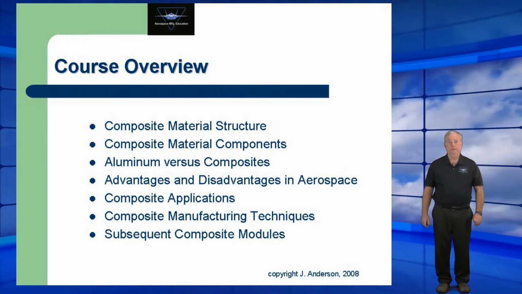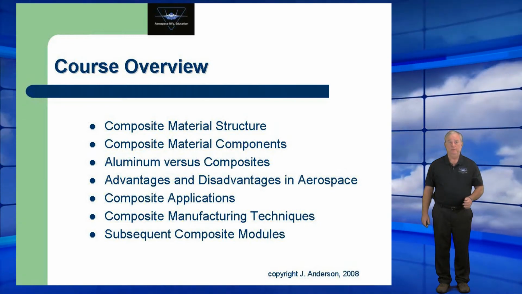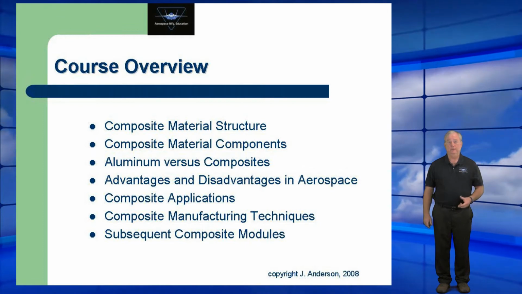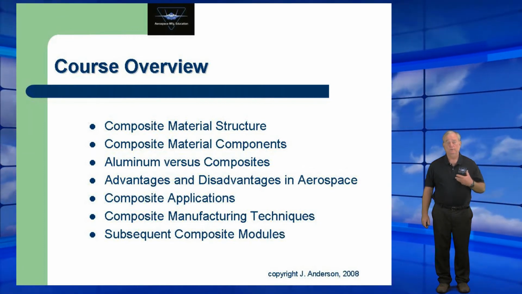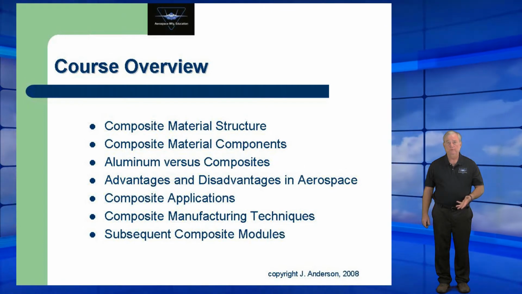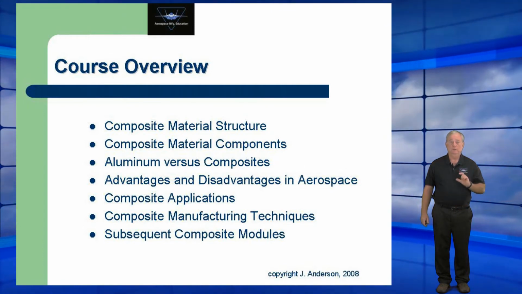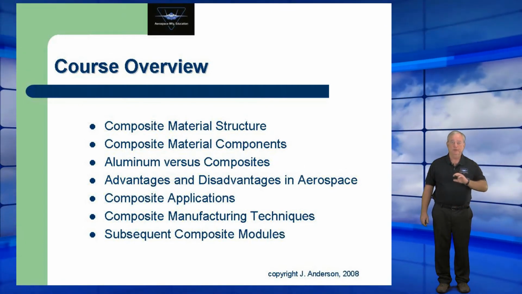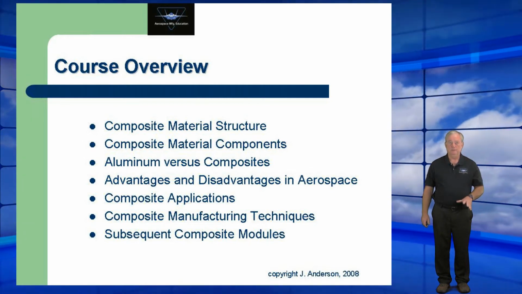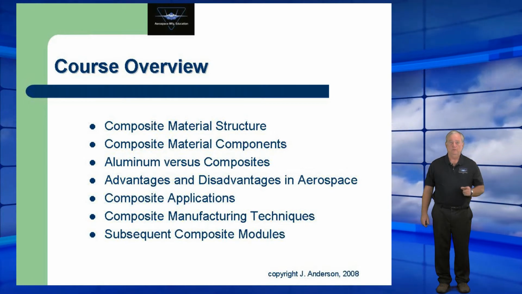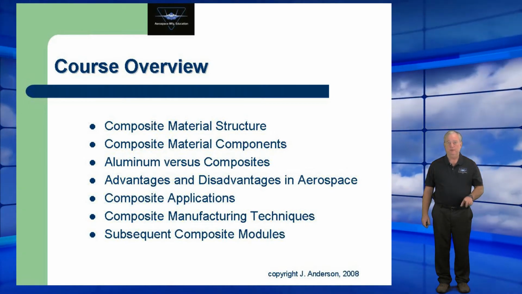So the course overview: we're going to go through some composite material structure and explain what it is. We'll talk about material components, both commercial components and in general what materials we're going to use in composites. We'll talk about aluminum versus composites.